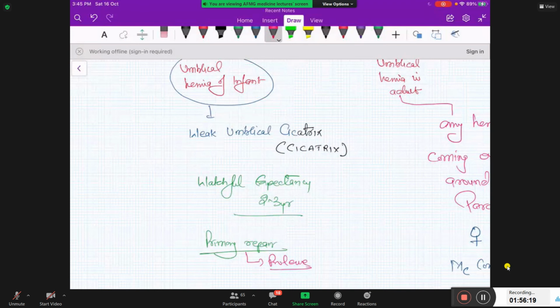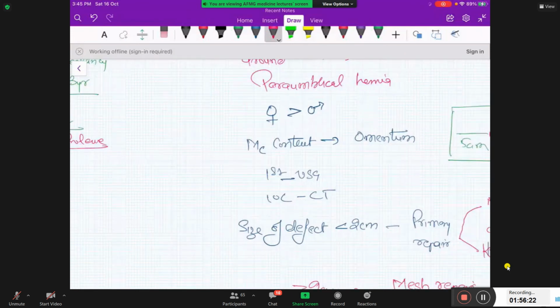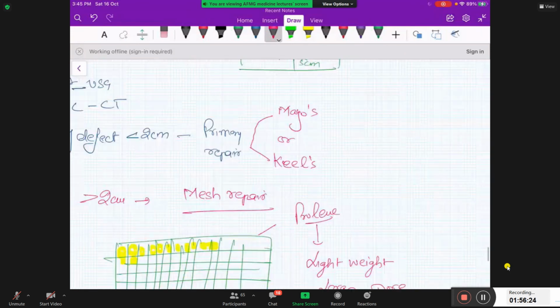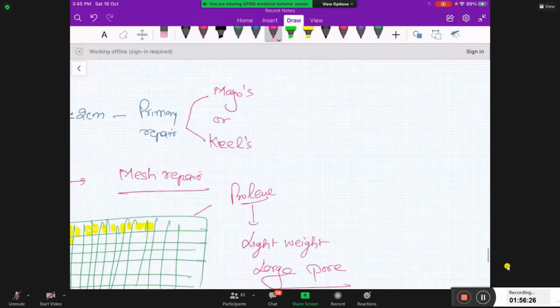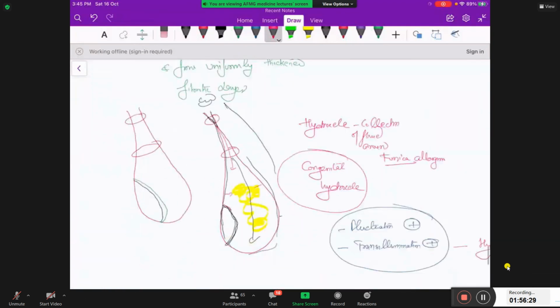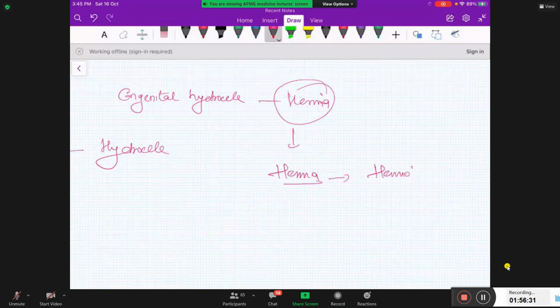We will do herniotomy. The treatment of congenital hernia is herniotomy. The timing of this is 3 years. That's a different thing. Timing of this congenital hydrocele treatment is 3 years, but the treatment is not a treatment of hydrocele. The treatment will be of a hernia. So treatment of congenital hydrocele is a treatment of hernia, that is herniotomy, which is an important point.